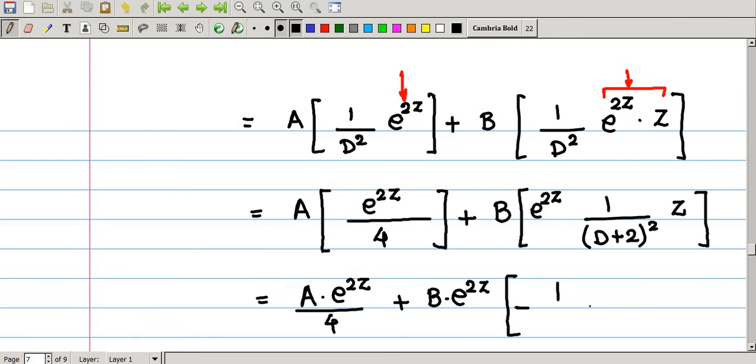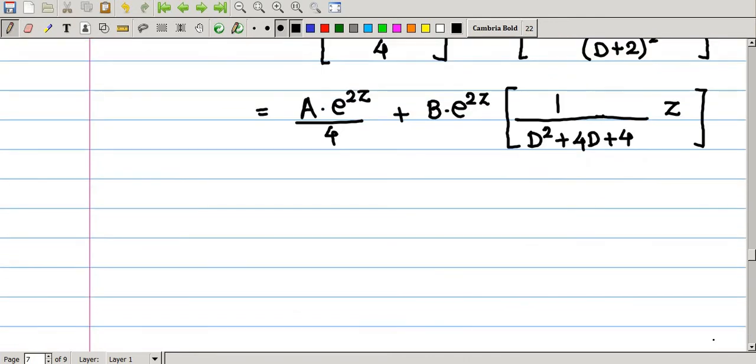Now if we expand, it will be D square plus 4D plus 4 operated on z. So for this algebraic function, we need to expand the auxiliary equation up to D raised to 1 only.